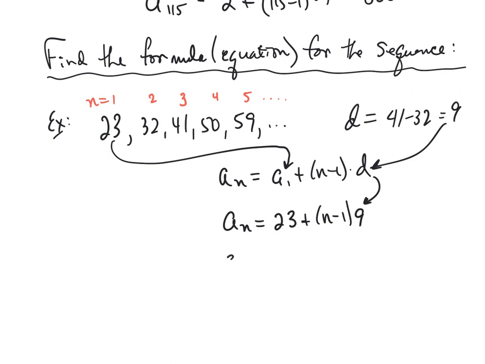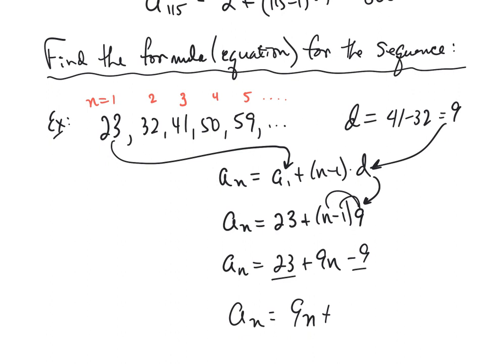And if I do just a little bit of simplifying, watch how easy this is. Multiply 9 times n, 9 times negative 1, and combine the two like terms. What I get then is the formula for the sequence, a sub n equals 9n plus 14.